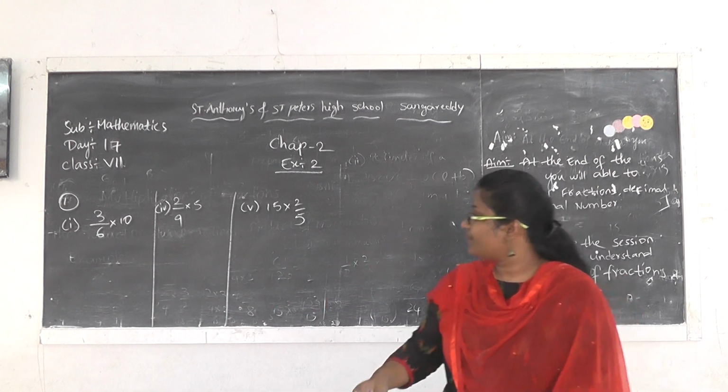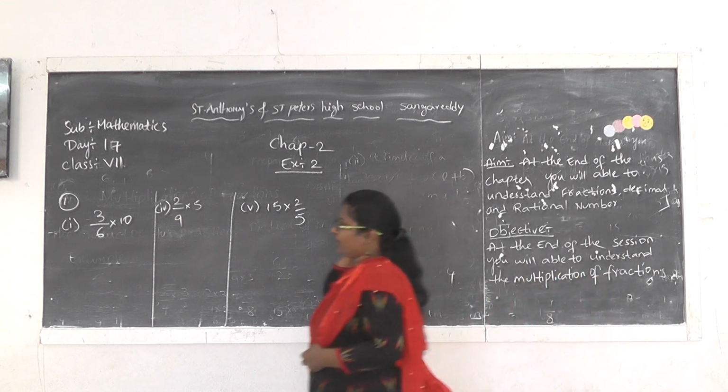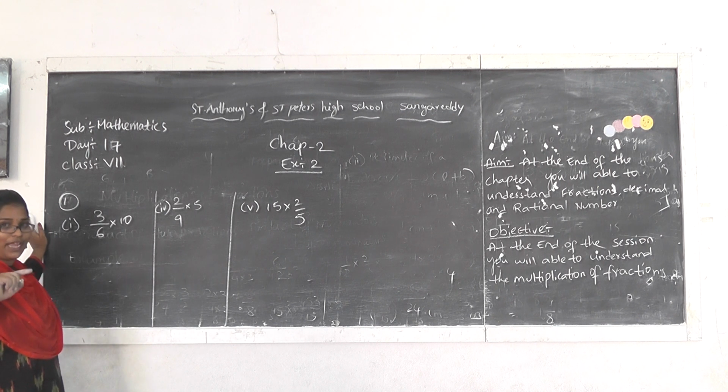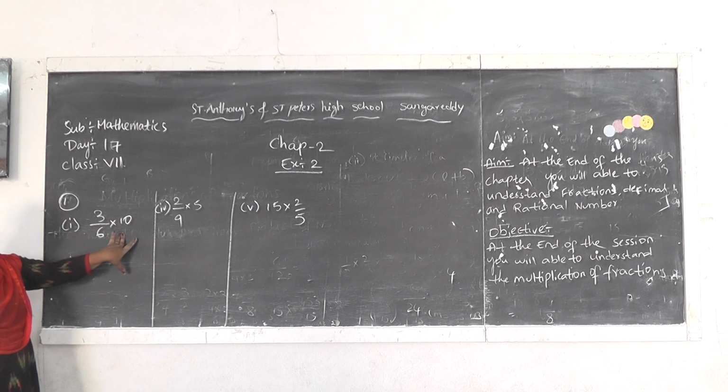I will explain 3 among these, and the remaining 2 will be homework similar to this. How to solve it here? In the previous concept, I explained how to multiply 2 fractions, right? Now here, it is a fraction and a whole number. How do we multiply a fraction with a whole number?